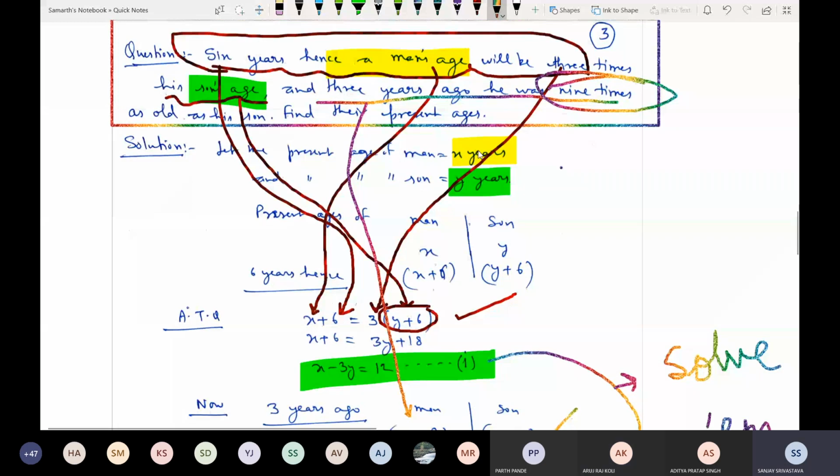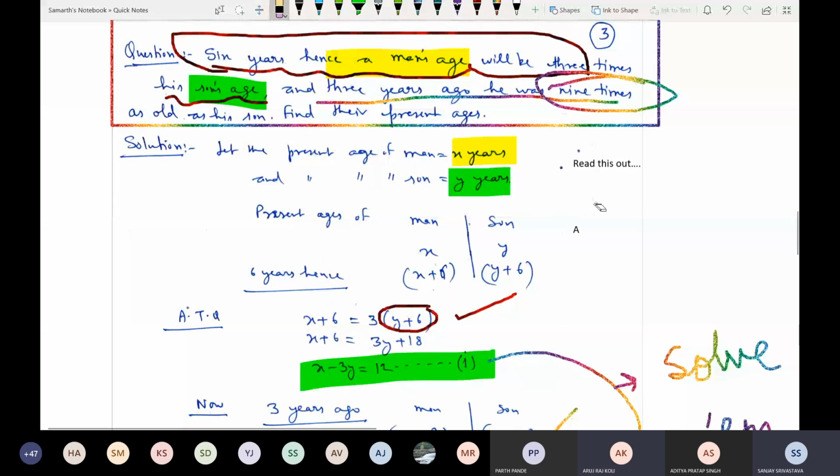What I have written in the beginning, just read out. From the beginning, just read what I have written. Let the present age of man equal x years. Now you have understood what is x.